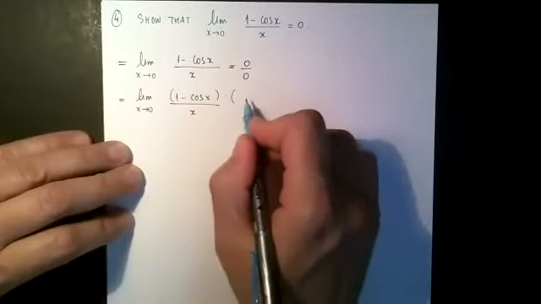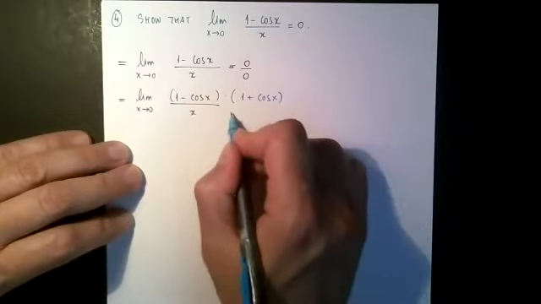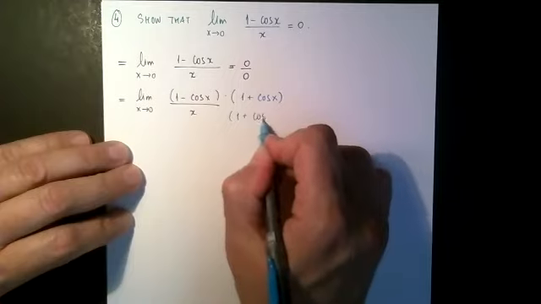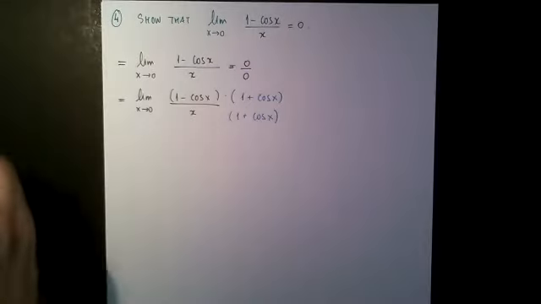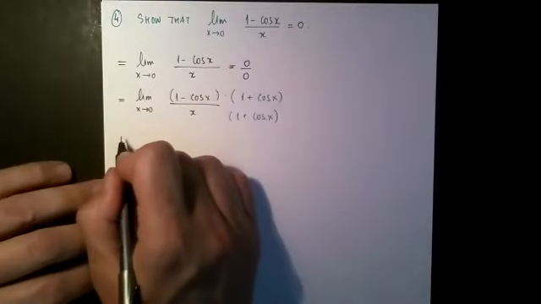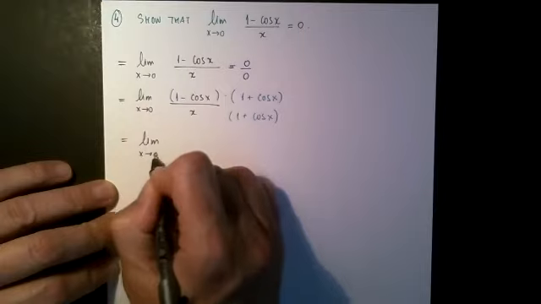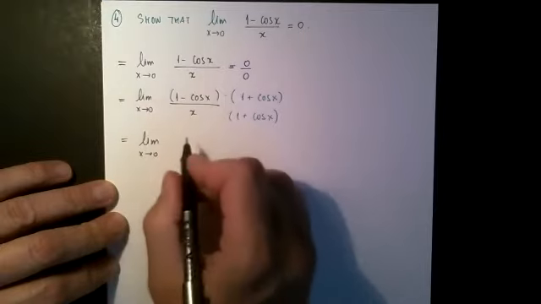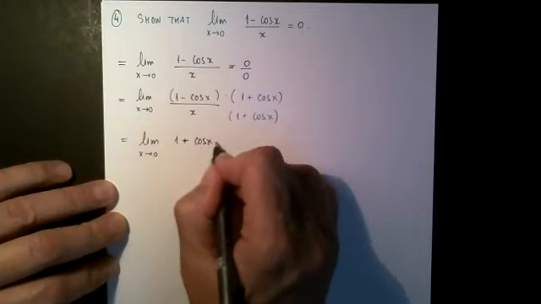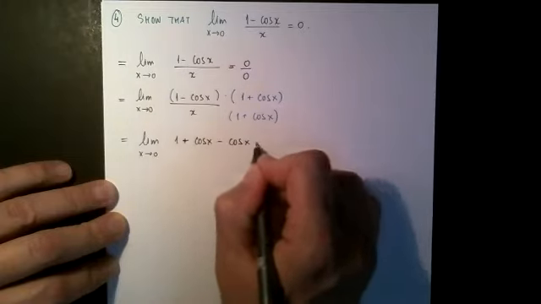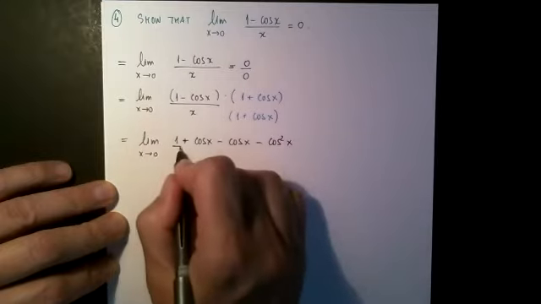Multiply by what? Just like before, 1 plus cos x, top and bottom. Let's go. What do we have on top? Limit as x approaches 0 of 1 plus cos x minus cos x minus cos squared x.